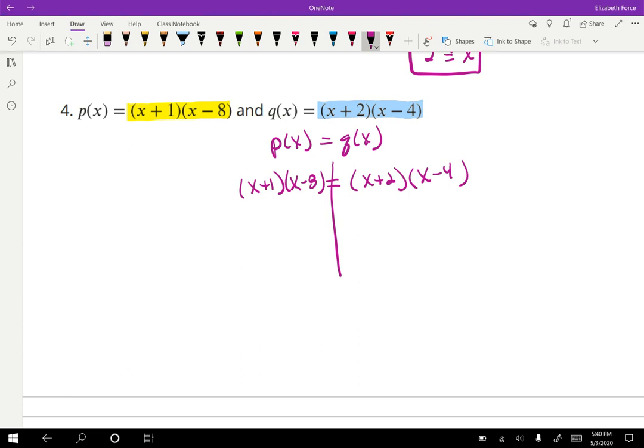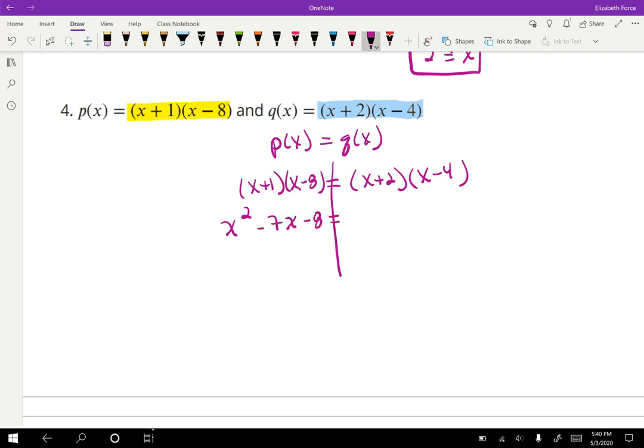So I know if you guys are a box fan, then you can come over and set up the box on the left side. If you're a distribution fan, you can go ahead and just distribute, but I know how to do most of this in my head, so I'm really just going to tell you what this is in standard form. So this is going to be x squared minus 7x minus 8.